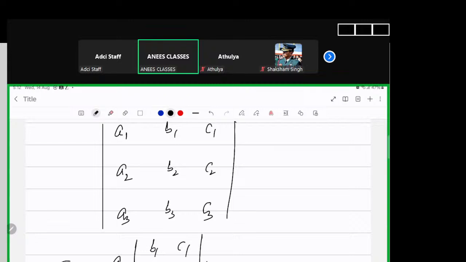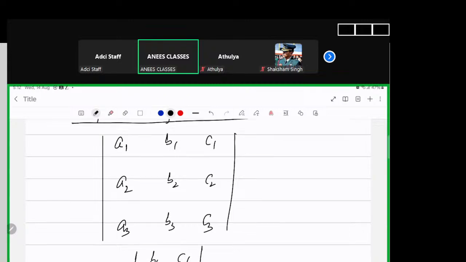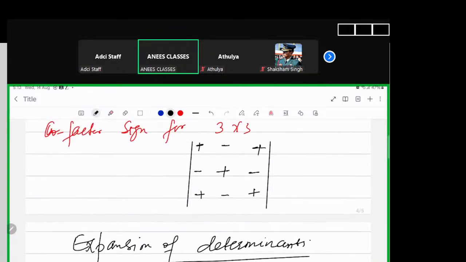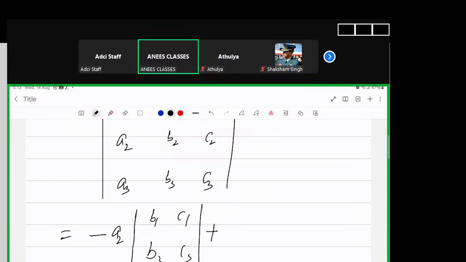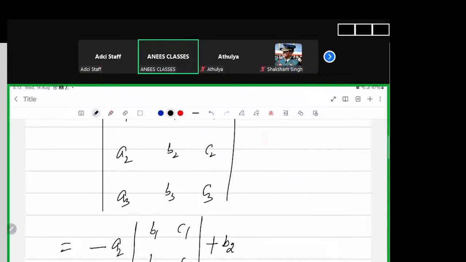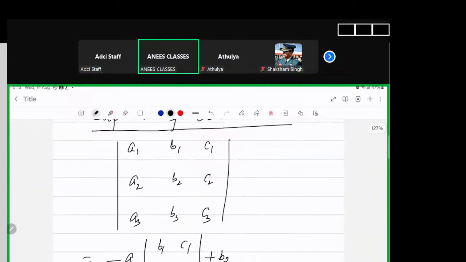Then in place of B2, the sign will be positive. Here you can see minus, plus, then minus. So before B2, you will take positive. Now along B2, you will delete the row and column, so after deleting you will get A1, C1 and A3, C3.